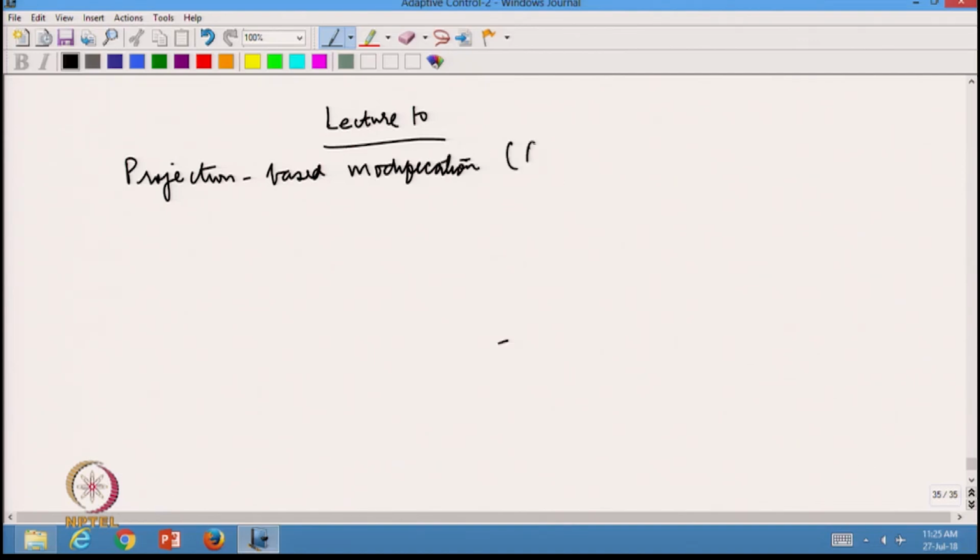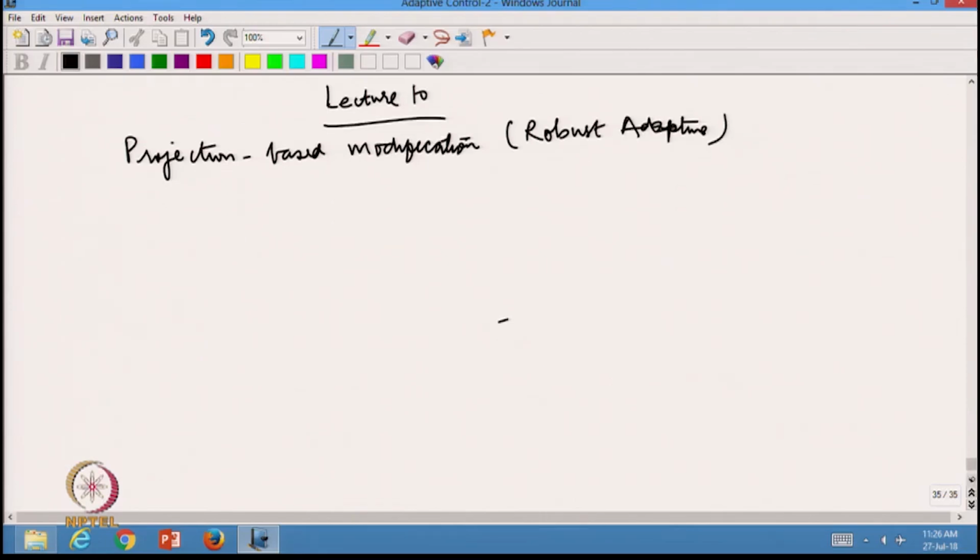So, this is another robust adaptive term that we will use. So, the basic idea is to construct a convex set. So, just for convenience I am constructing a circle here and considering this to be a 2-dimensional space, but it could be an n-dimensional space and you could construct a convex set.